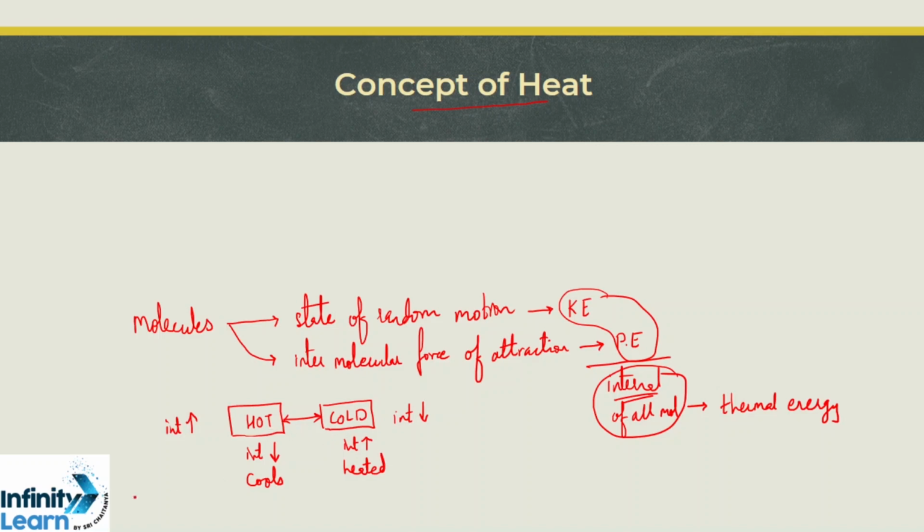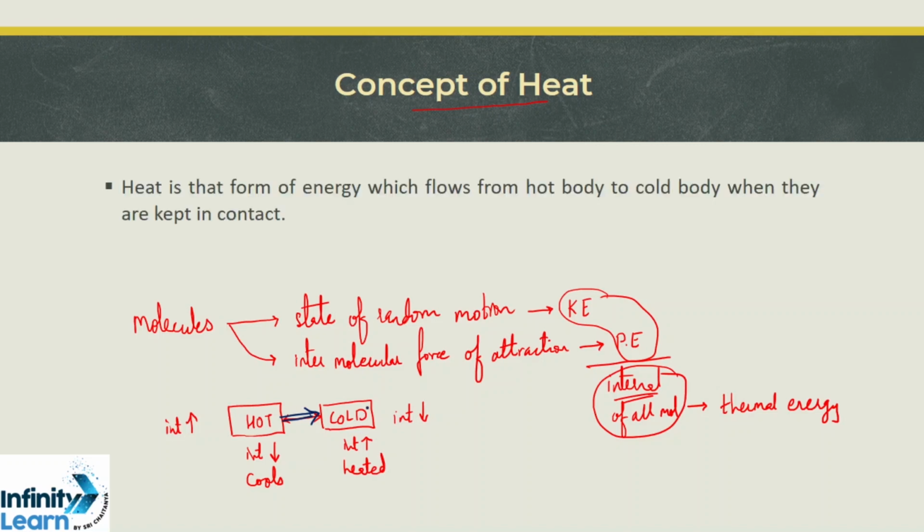Thus we can say there is a flow of energy which is happening from hot body to cold body when they are in contact, and this energy which flows from hot body to cold body when they are kept in contact is nothing but heat energy or simply heat. So I hope we have understood what is heat energy or heat. It is nothing but the form of energy which flows from hot body to cold body when they are kept in contact.